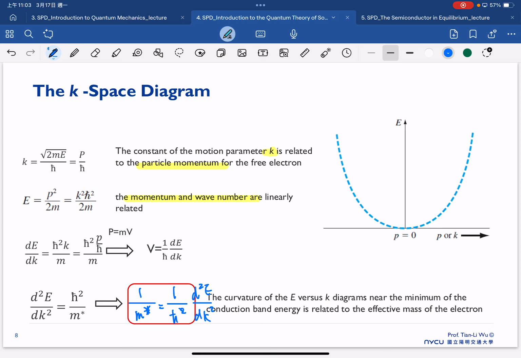That means the curvature, because this is a second derivative, right?